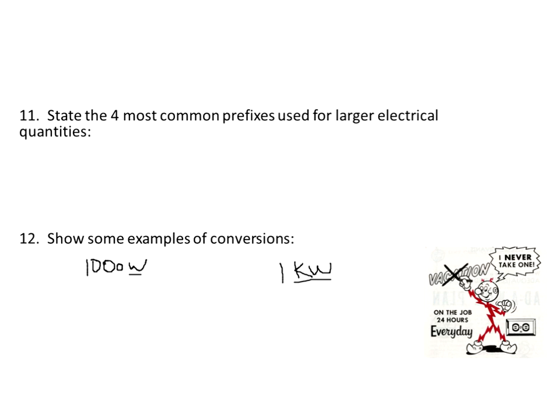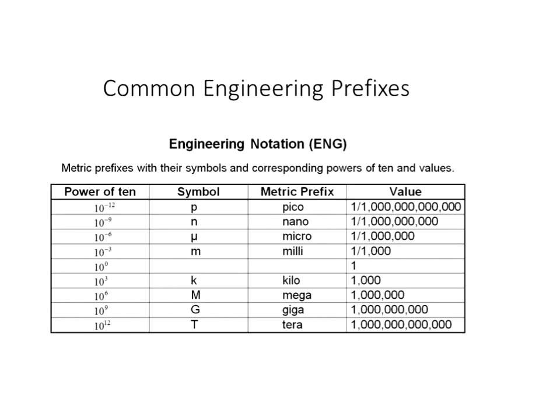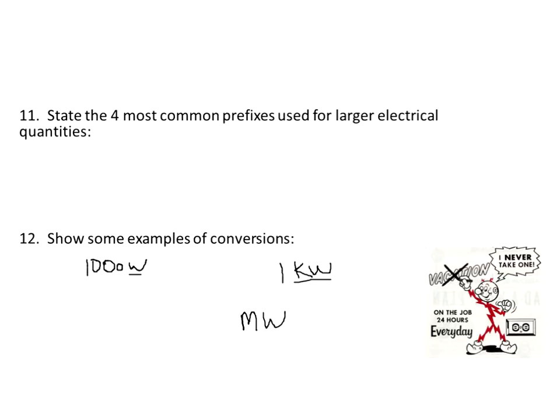Okay, now sometimes they'll say change 1,000 watts to megawatts. Well, when you look back here, you see mega is 2 steps from your basic units. So kilo, mega, I have to move 6 places. What I would do if I were you, to make sure I don't miss these, is remember the order of the units and take it one step at a time. For example, first convert from watts to kilowatts, and then convert to megawatts.